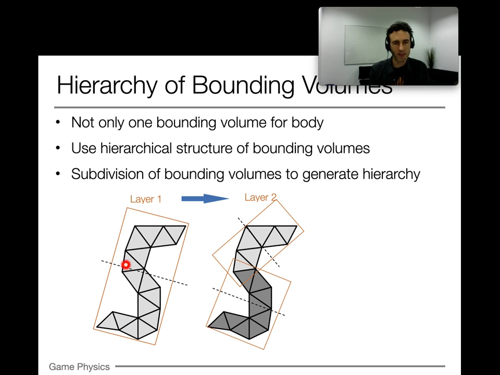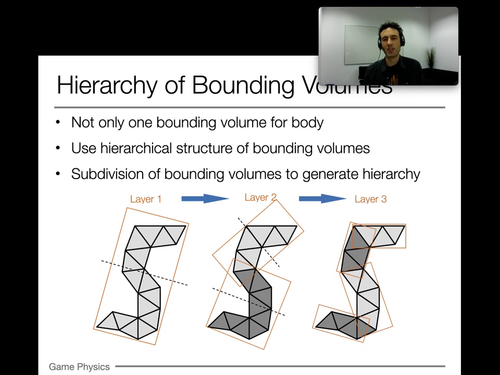So here we had a split of the bounding volume, and now that gives us one region of triangles and then this upper part here. These are now two new objects that we're trying to fit, and here we're doing that with one bounding box and with another one. And then we can continue. Same game, we can split the object here, get two pieces, and then here another two for this and this one. And as you can see here in the last stage, we're approximating this S shape quite well.